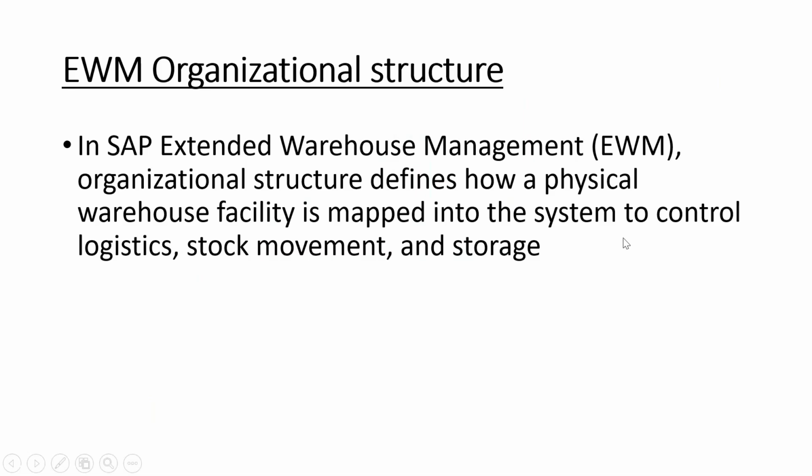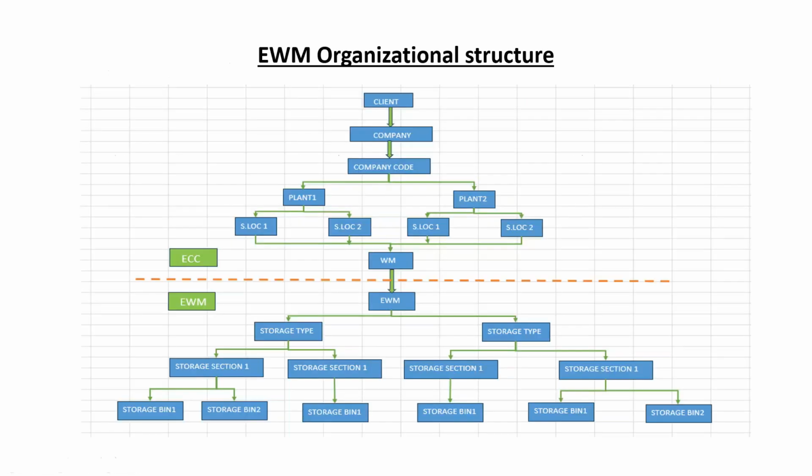How we map, and what the organization structure is, we are going to discuss now. This is the layout on a high level of how we integrate with the organization structure of the EWM warehouse in specific.